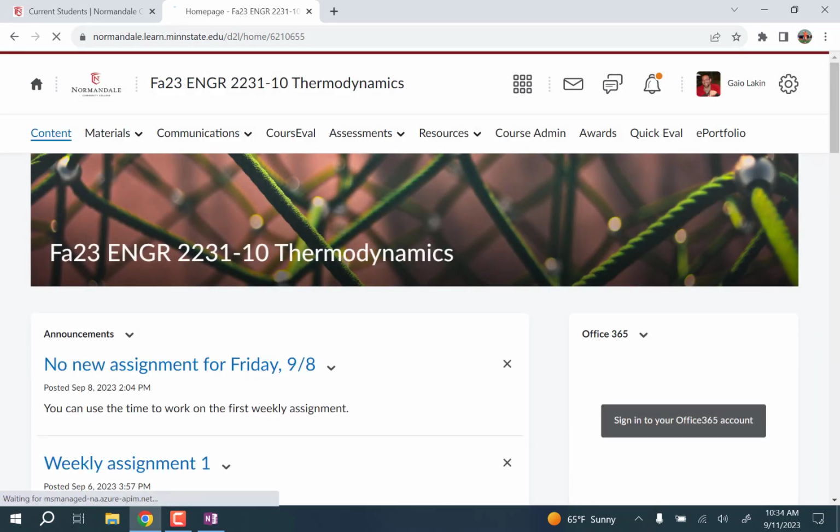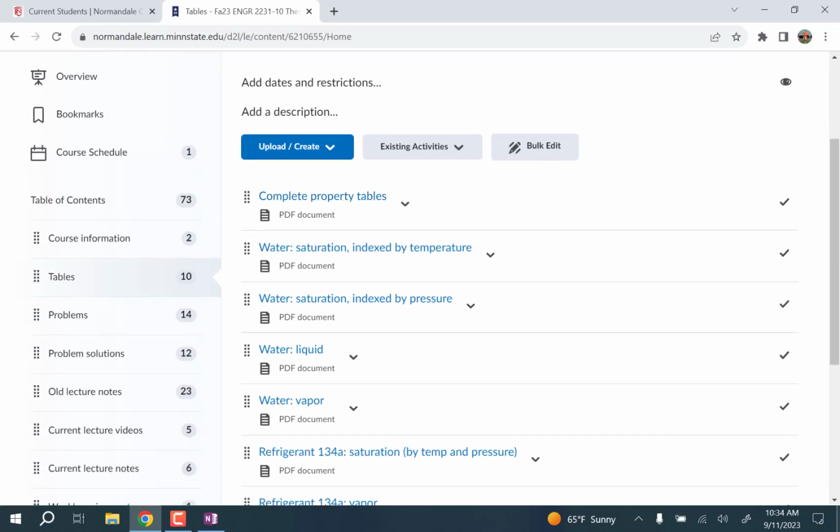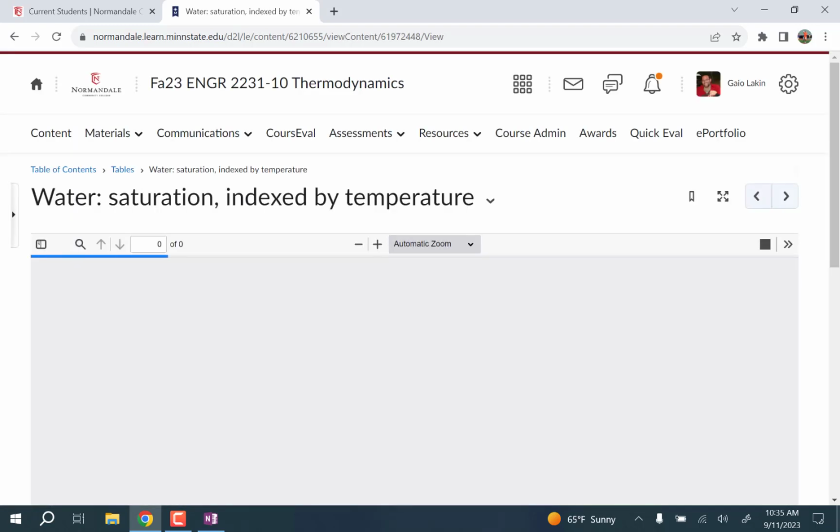So the first thing we have to do is find the right table. We're looking for saturation for water. And there are two of them. They can be indexed by temperature or pressure. The question we're asked has it in terms of temperature. So that's the one we're going to use, indexed by temperature. And that'll allow us to look up the pressure.